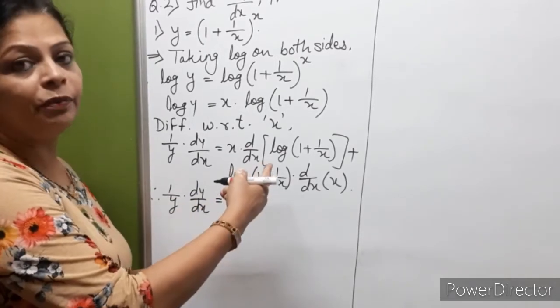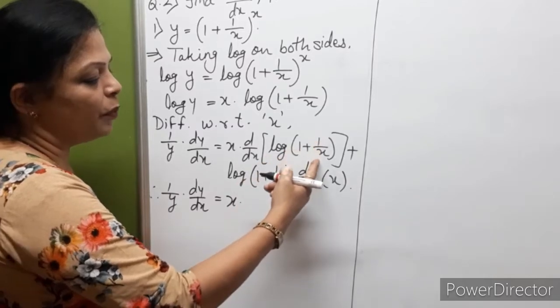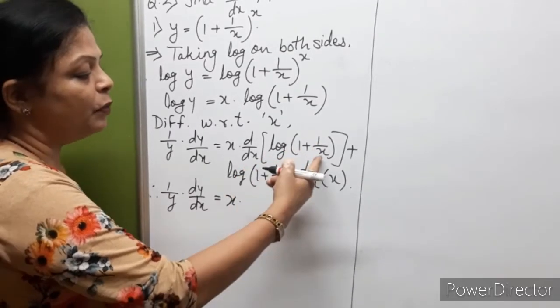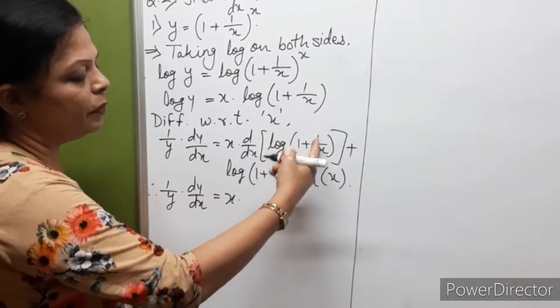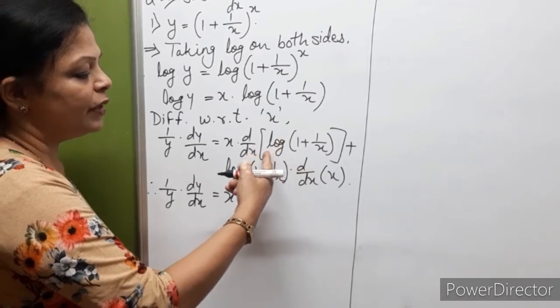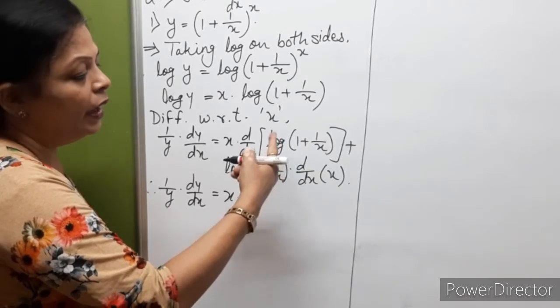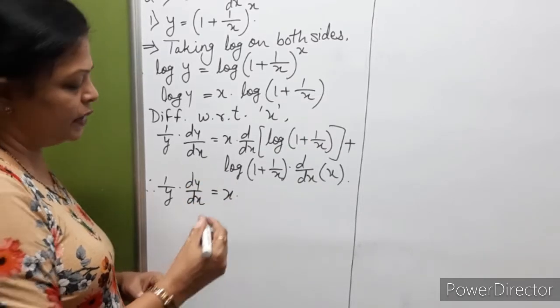Now see, this is a very important function over here. We have log of (1 plus 1 upon x). That means this is a composite function, correct? Your x is replaced by 1 plus 1 upon x. So what will you do? You will first differentiate the log function, into the derivative of 1 plus 1 upon x.